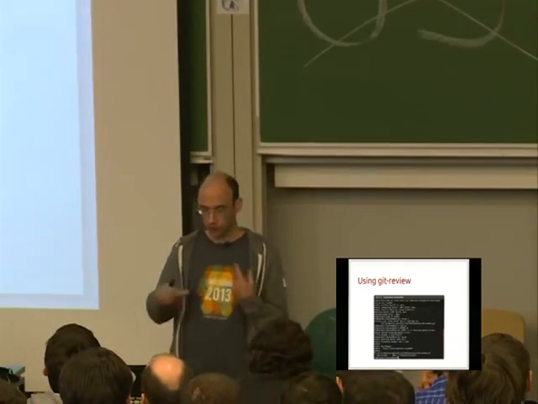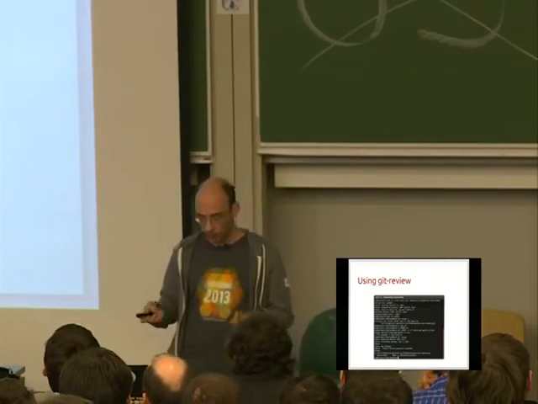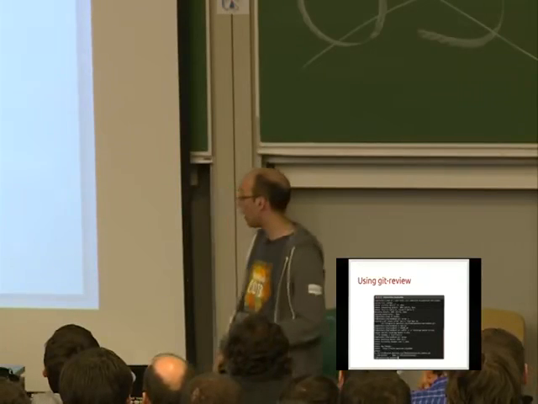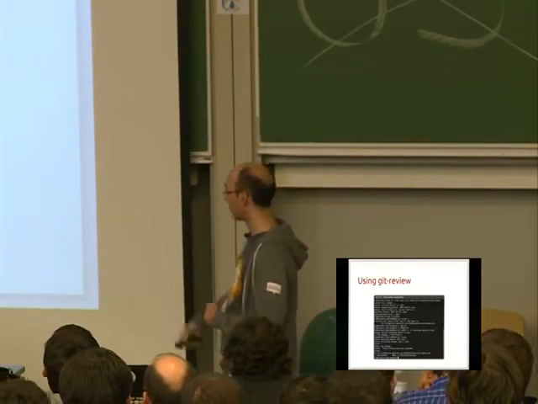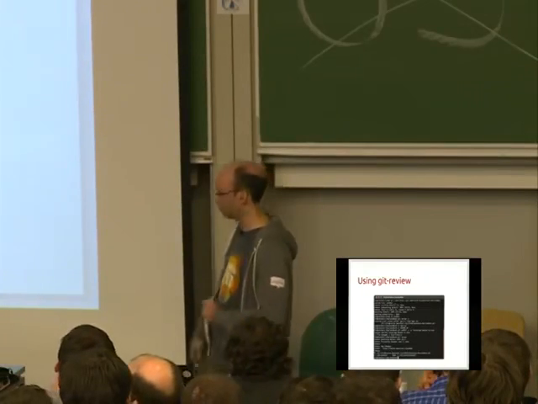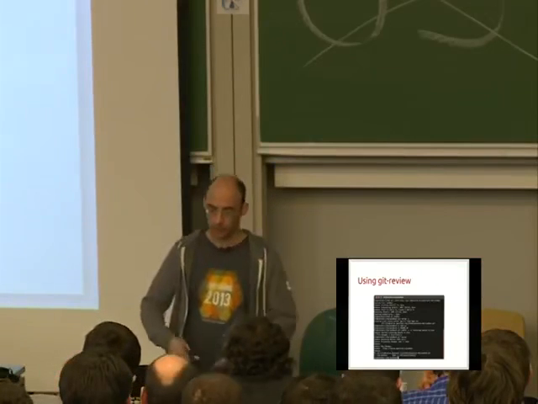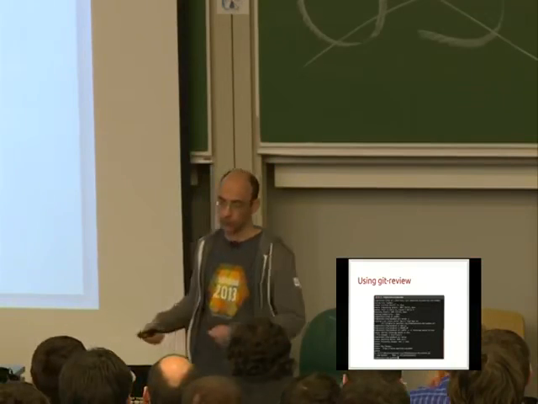Then you make some changes, you commit them, and then you do git review, and that pushes the change you proposed to our code review system, and you have a URL that you can reference. Like I said, it will get automatically tested, humans will review it, etc.